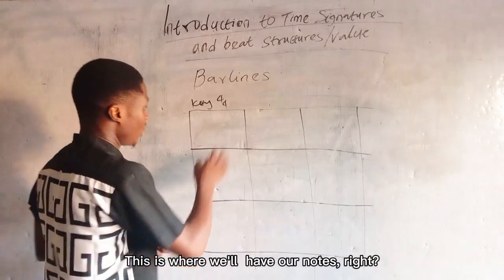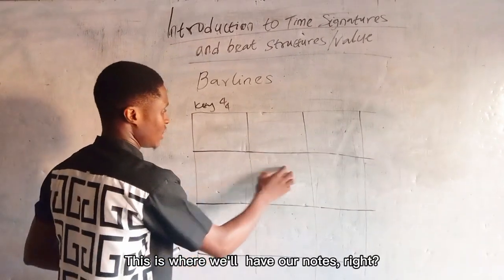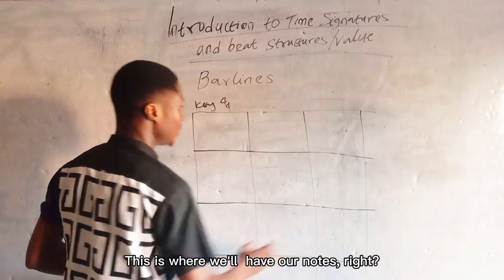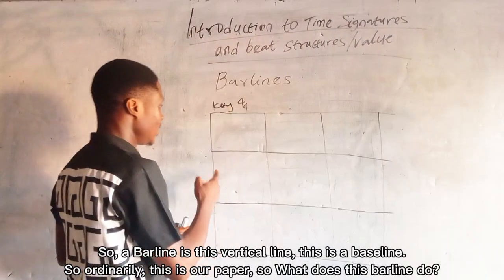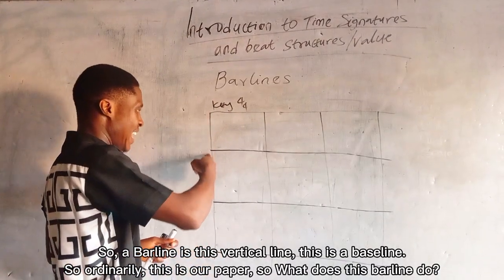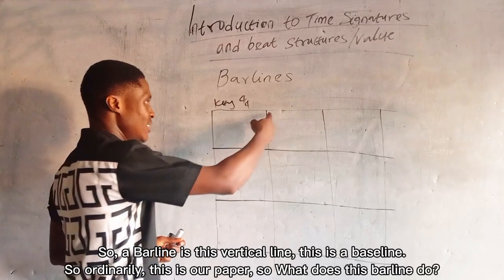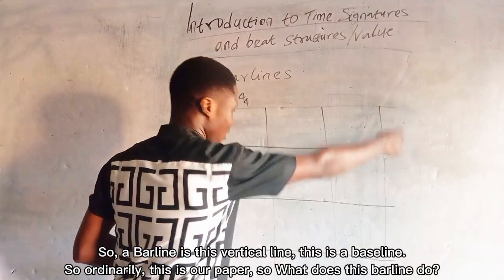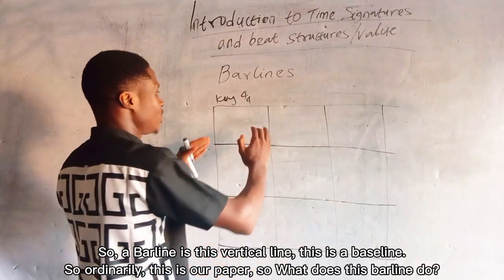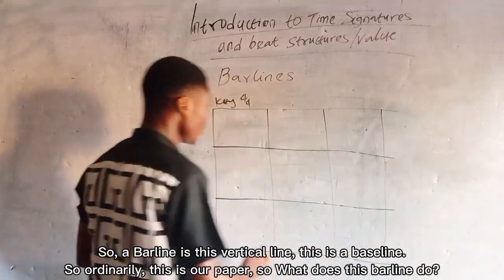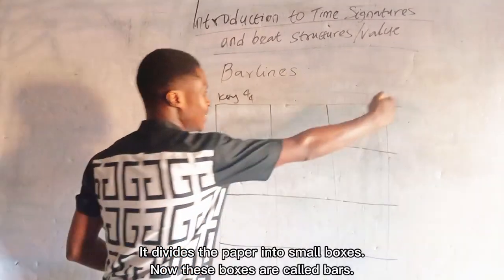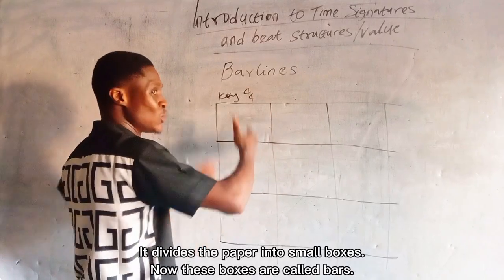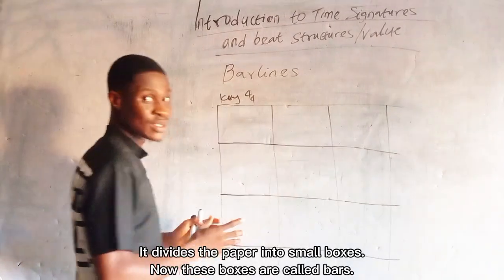This is where we have our notes, right? So a bar line is this vertical line. This is the bar line. So originally this is our paper. So what does this bar line do? It divides the paper into small boxes.